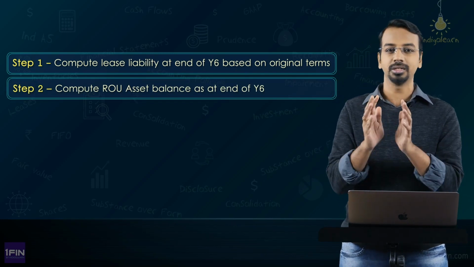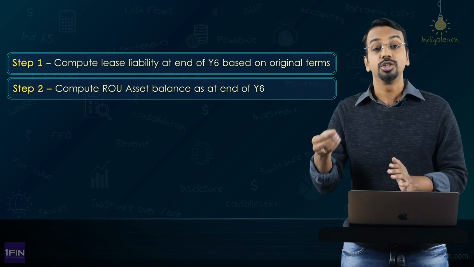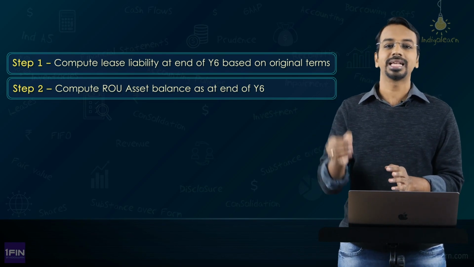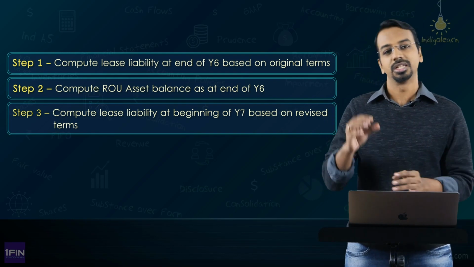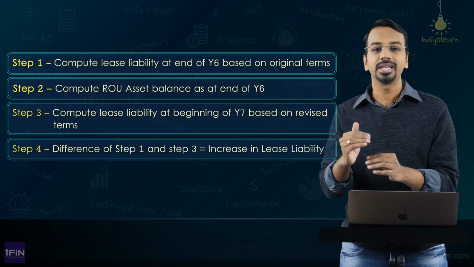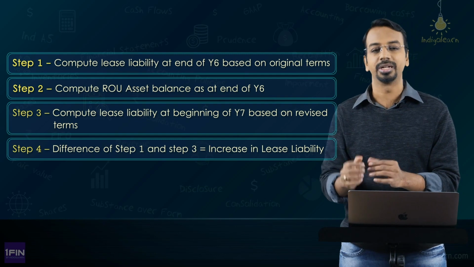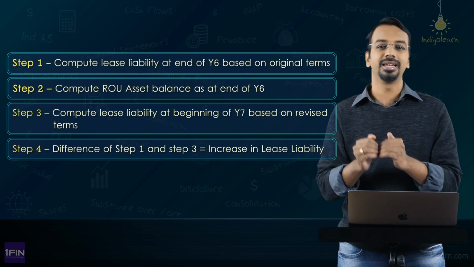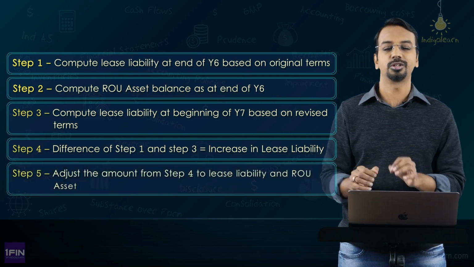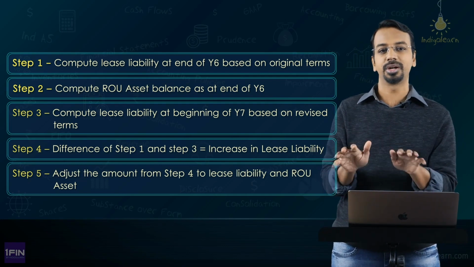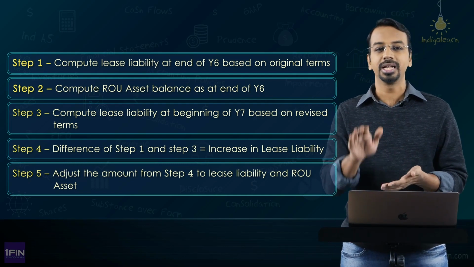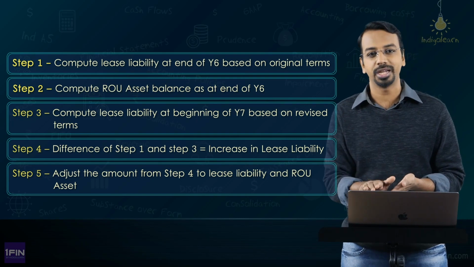Then you will compute the liability balance as at the beginning of the 7th year, considering the revised lease terms. You will get some amount. This amount minus the closing balance of lease liability will give you the increase in lease liability, which has to be adjusted to both lease liability and right of use asset. So, that is a simple treatment. No P&L will be impacted, and you will use the revised discount rate only.